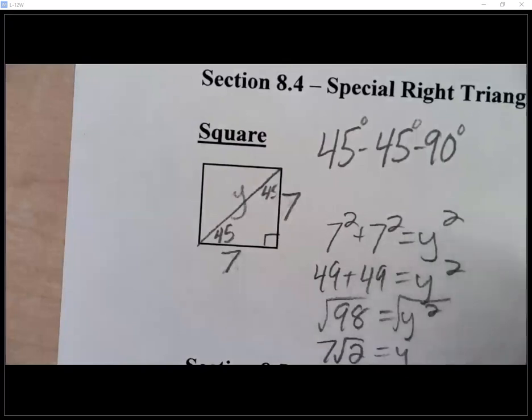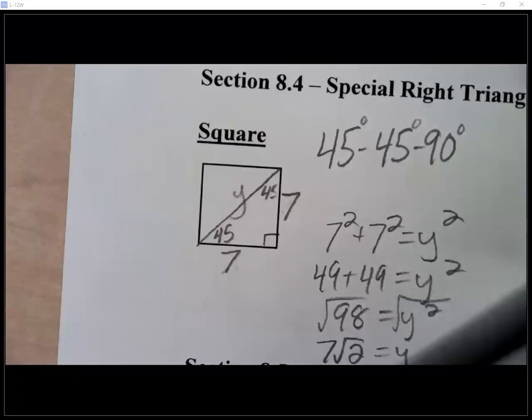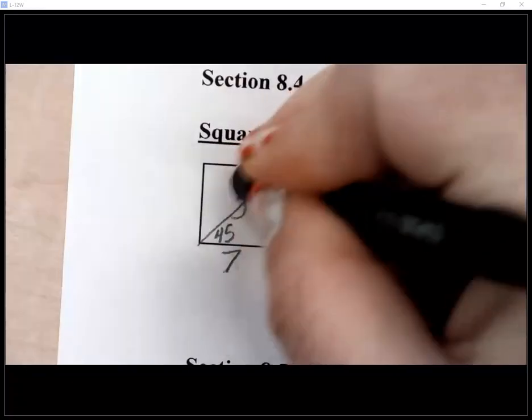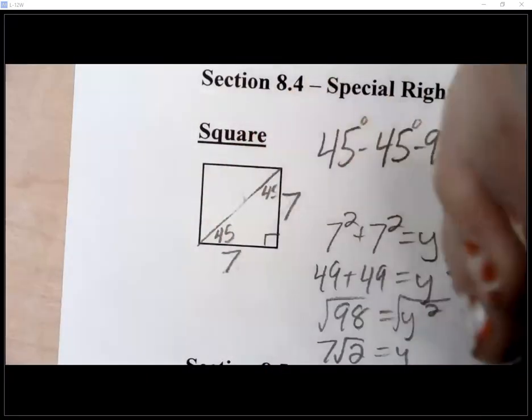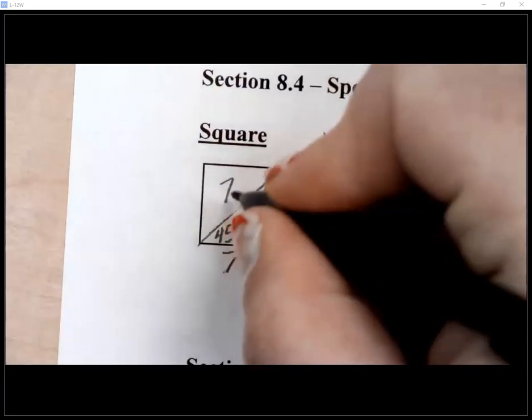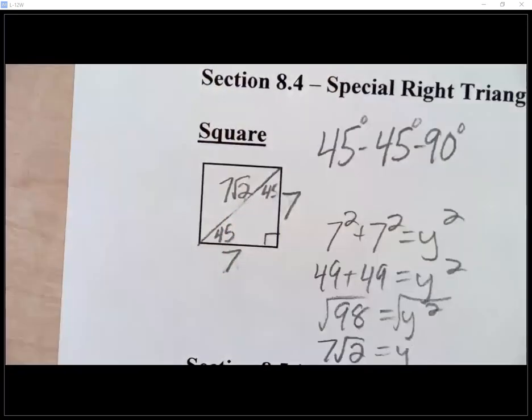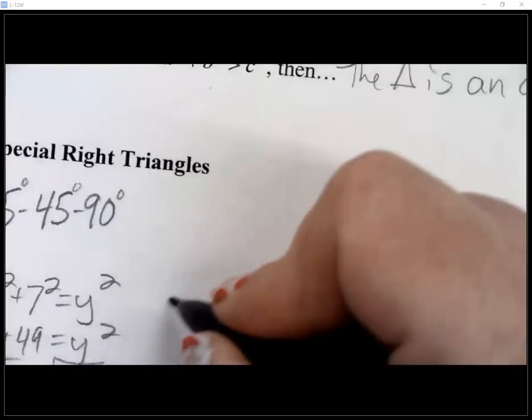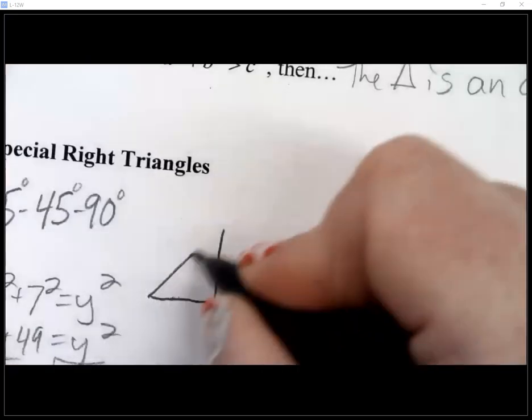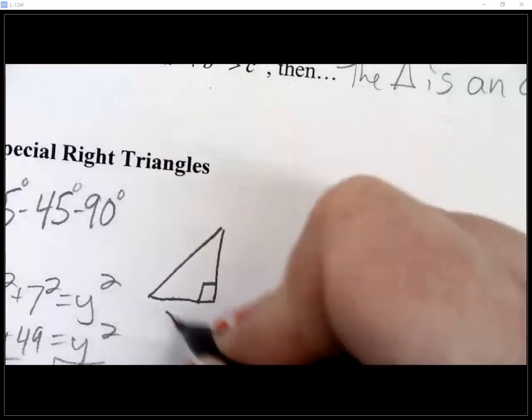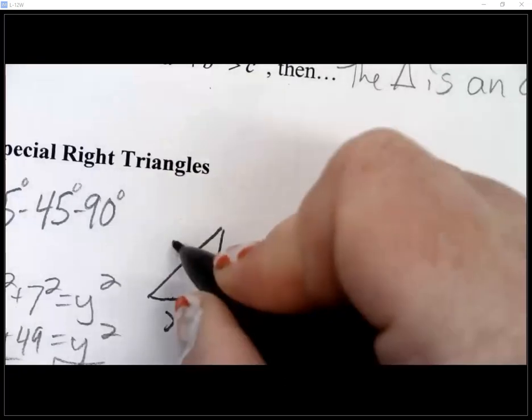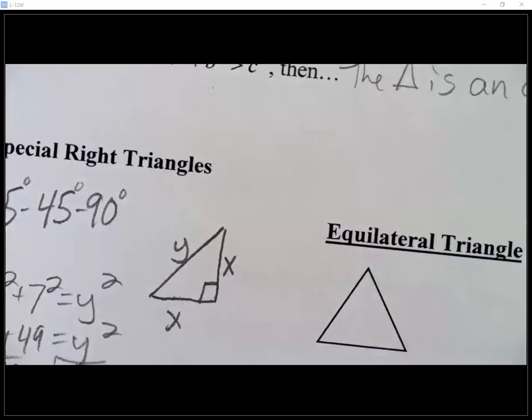Okay. Well, that's interesting. So it's telling me that that's 7 root 2. Well, cool, so that worked for 7s. So just for any generic one where it's X and X, let's say I was trying to figure out what that hypotenuse was. I'm going to do the same thing.